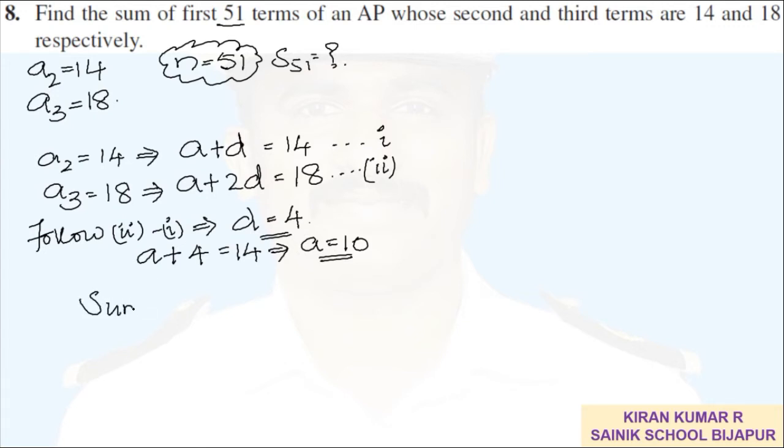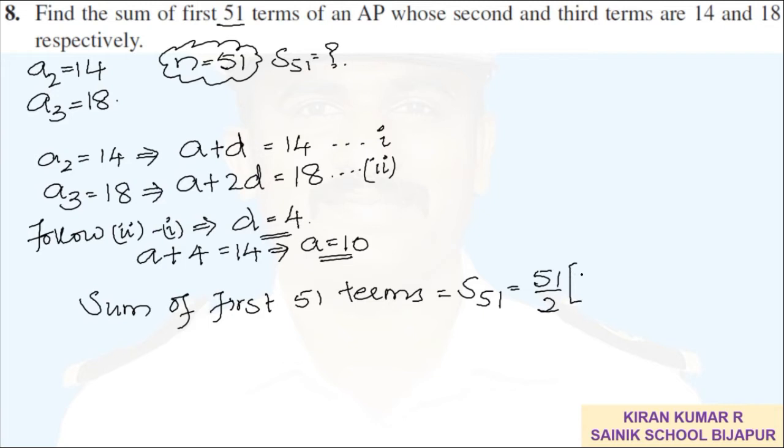Sum of first 51 terms will be equal to S51. We will use the formula n by 2 times 2a plus n minus 1 into d, which is 51 by 2 times 2 times 10, plus 50 into d.